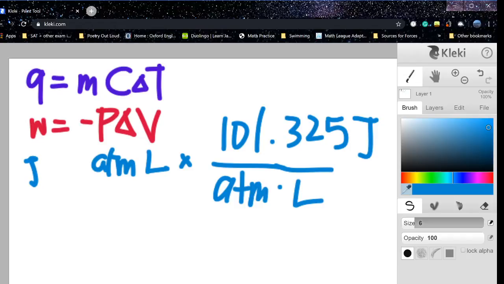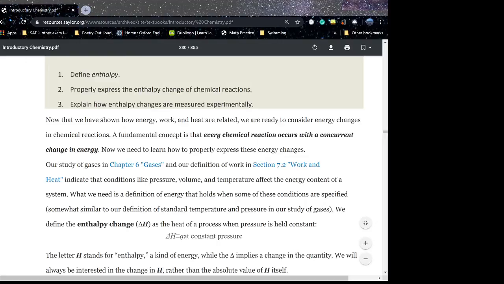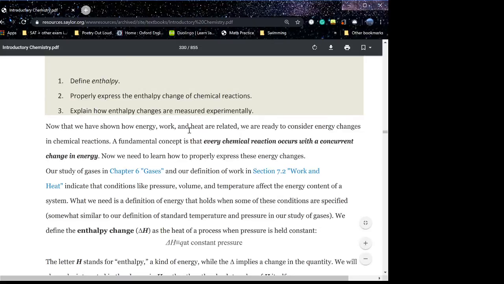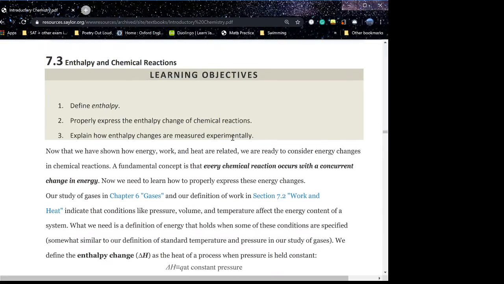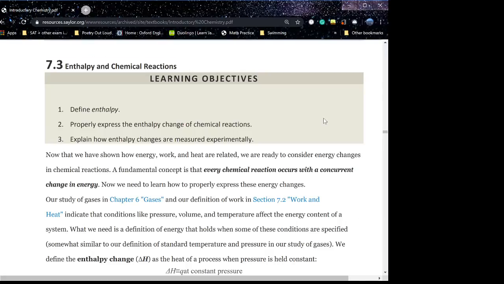Now let's look at enthalpy. Enthalpy is a fancy way of quantifying the change in energy when a reaction happens. Every chemical reaction involves the breaking and forming of bonds between atoms.